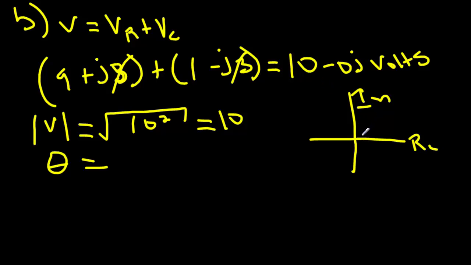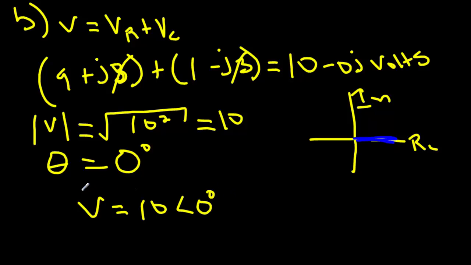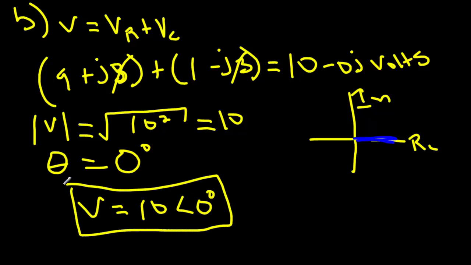Because there's no imaginary term, this only lies along the real axis, so we have 0 degrees as our angle. So V equals 10 at an angle of 0 degrees. This is our polar form, and the other is our rectangular form.